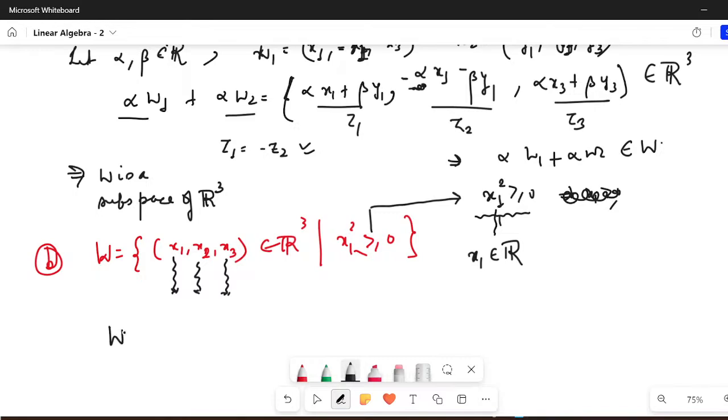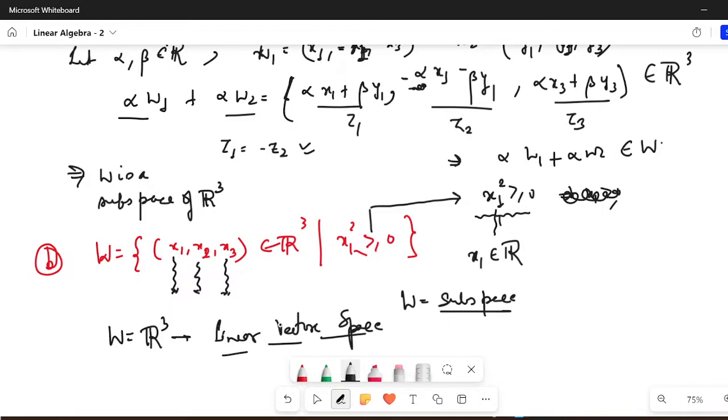So it implies that your W is nothing but your entire R cube only. And we already know that this forms a linear vector space. So clearly, I can say that this is an improper subset. W is a subspace, because you already know that R cube is what, a subset is a set itself, right?